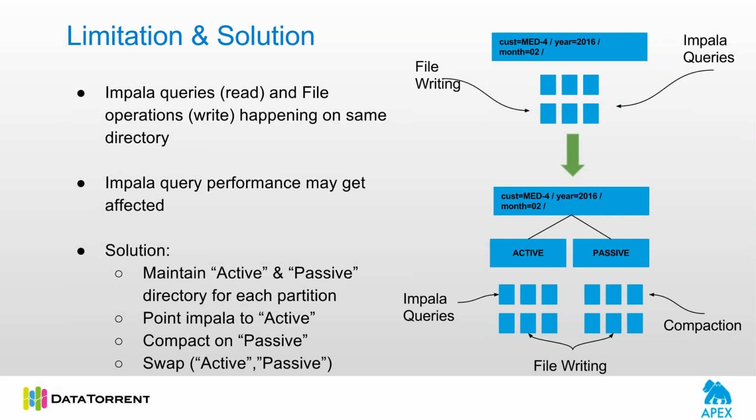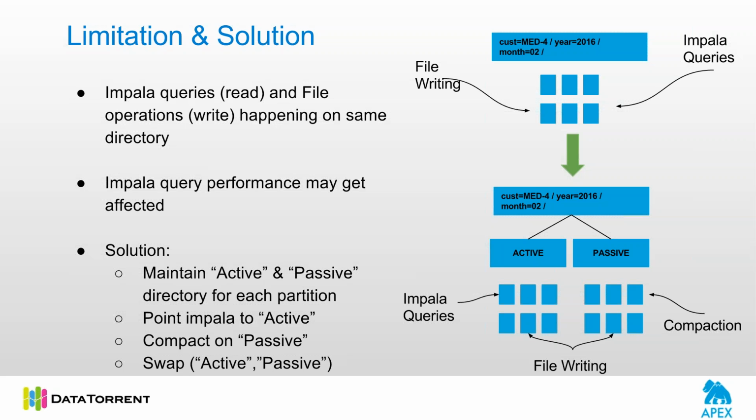Whenever we have records coming, we would write the files to both the directories, but at a particular time we would inform Impala which of these two directories is the active one, and all the Impala queries would be directed towards the active directory.